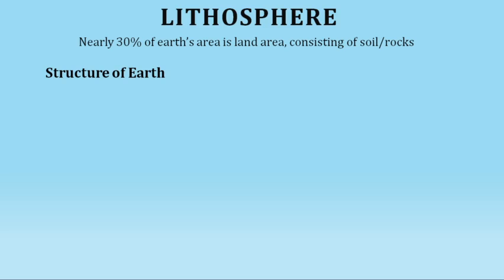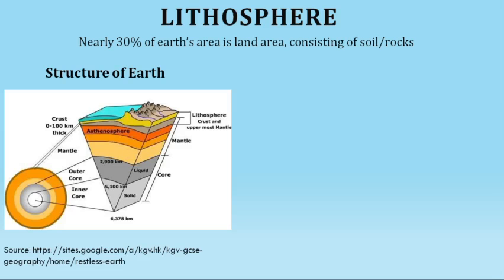Now we'll talk about lithosphere. We know that nearly 30% of Earth's area is a landmass, and it consists of soil as well as rocks. Now, if you look at the structure of Earth, the Earth from surface to its center can be divided into three layers.